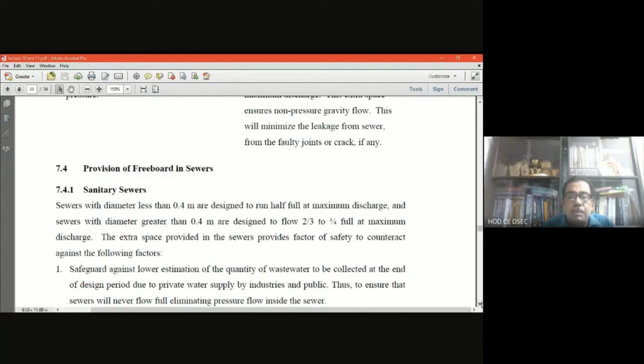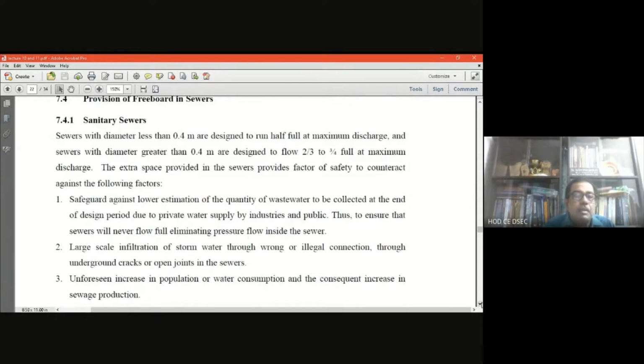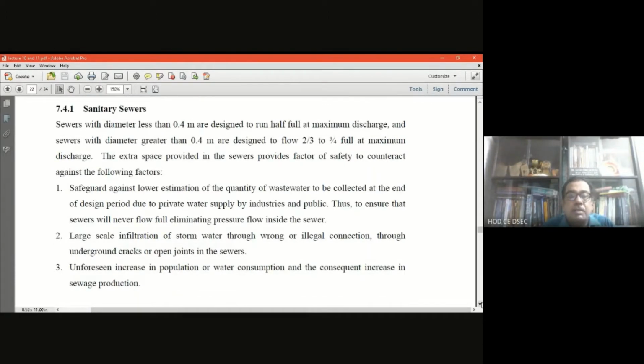The extra space provided in the sewer provides a factor of safety to counteract the following factors. Why are we providing that cushion, that means partial flow, not full flow? Because of the safeguard against a lower estimation of the quantity of wastewater to be collected at the end of the design period. We have seen that our design period is 20 to 30 years. So after 30 years, if that quantity is going to increase, that's why we are providing the cushion.